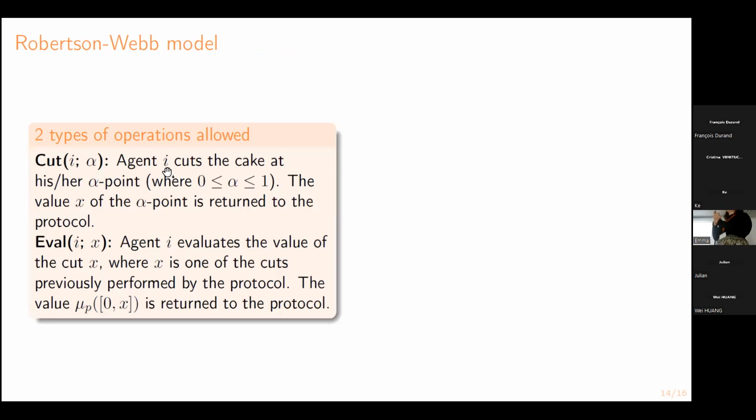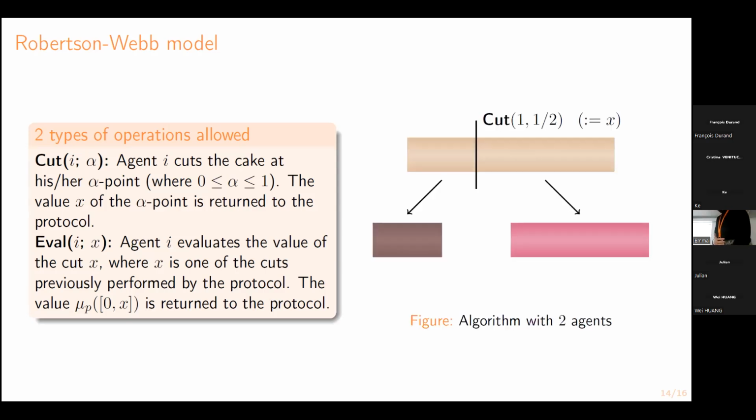For example, I ask an agent, cut the cake to the point 1/2, and they will give me the coordinates where they think the cake is cut into 1/2, and evaluate. So once I have a piece of cake, I go to an agent and I say, evaluate this part. And you can see that here in our example, we can describe every algorithm with those two operations.